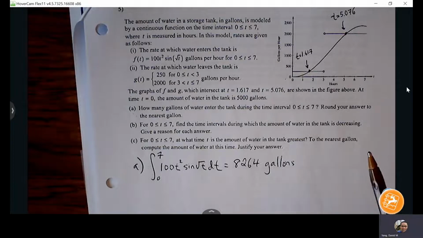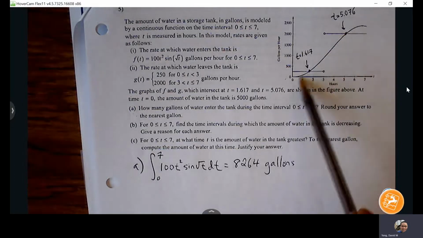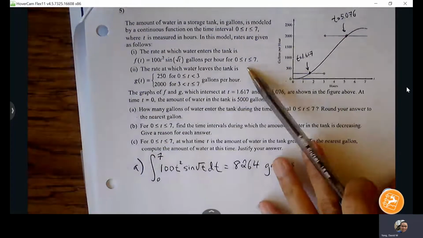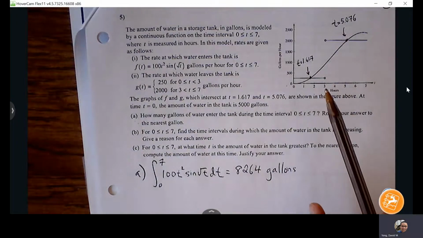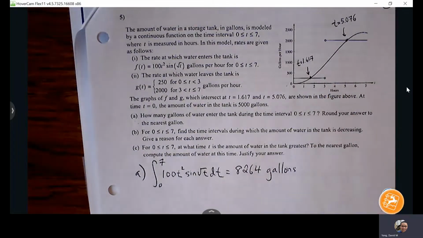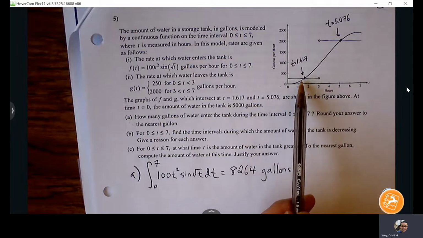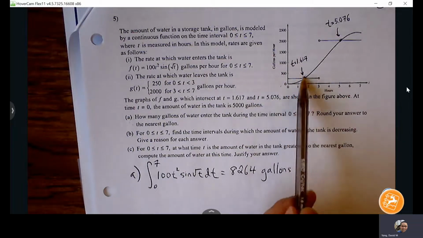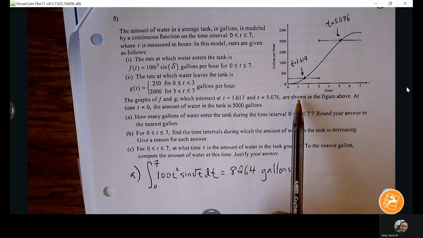Before we look at part B, let's see if we can imagine and visualize what's happening based off of this graph. Let's think in terms of, is the water level rising and falling in each of these time intervals? Between 0 and 1.617, what's happening to the water level?